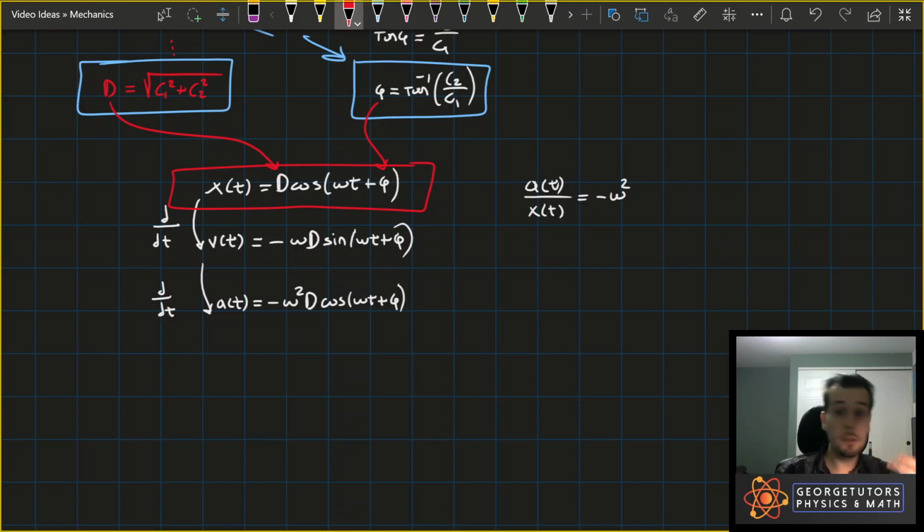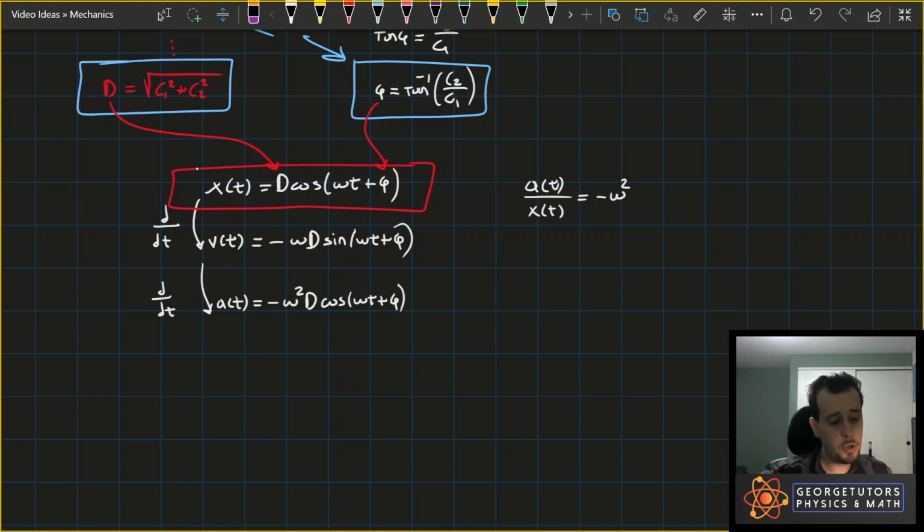And if you have other forces acting on the system, like someone pushing the simple harmonic oscillator, or you're trying to model a pendulum that oscillates back and forth, those forces are going to be reflected in the value of omega. So omega is going to be different for those objects, and we will see in future videos how that is.